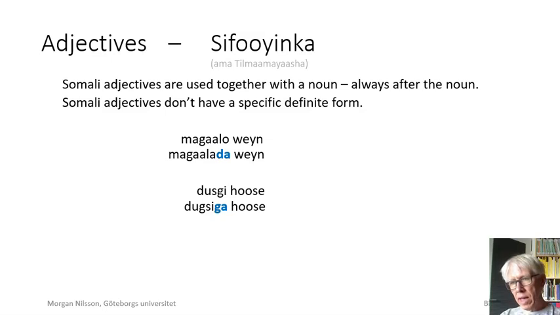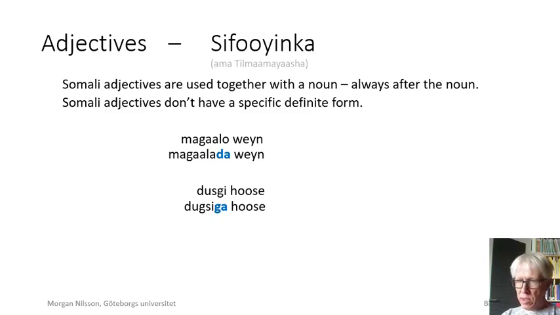So it can be slightly confusing to use tilmame if you have read some other works where it's used in a different way. So sifo is a very good term because it's never been used for anything else than adjectives.